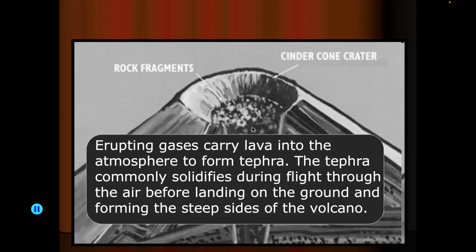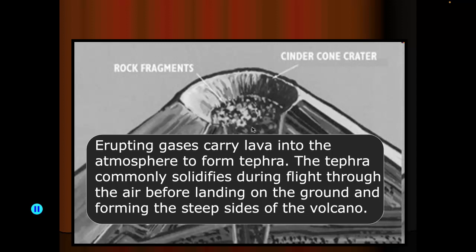Erupting gases carry lava into the atmosphere to form tephra. And you read about tephra in the book. All tephra is, is magma that comes out in an eruption, and usually cinder cone volcanoes have violent eruptions where it's very explosive.